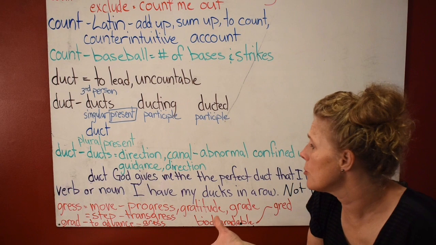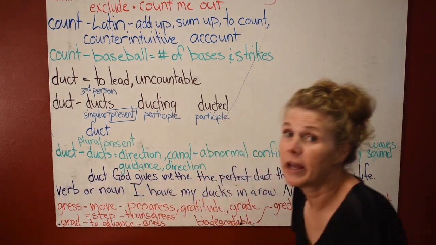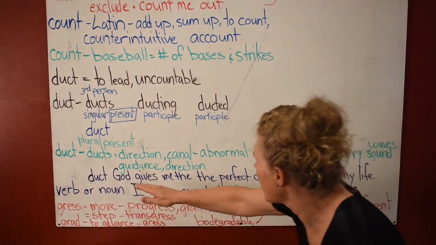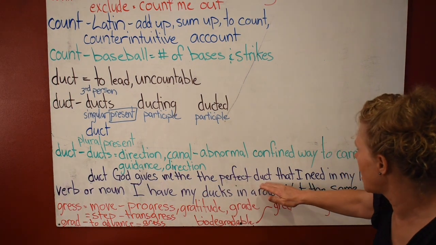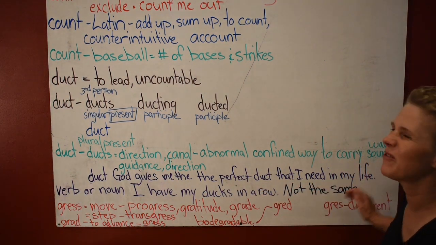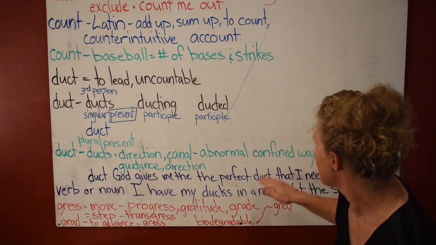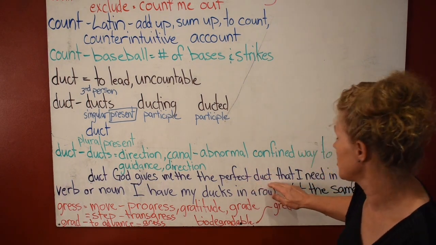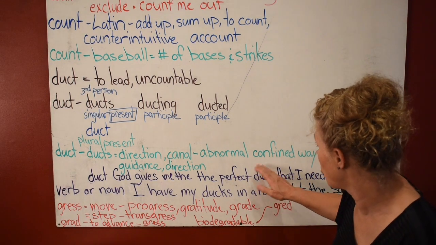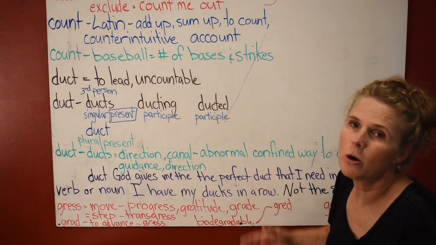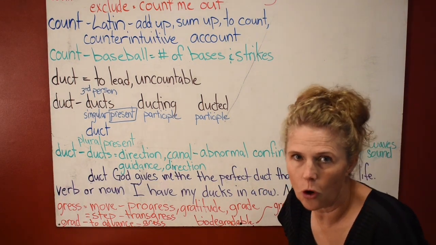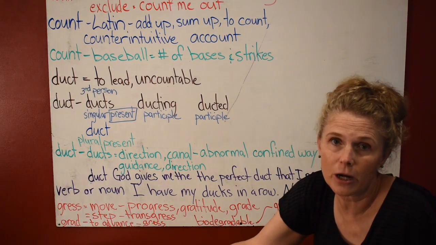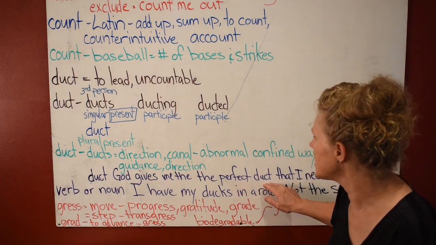So for an example that we have for duct, as a noun, we're going to say, God gives me the perfect duct that I need in my life. People don't really talk like that, but some people might, if you actually really understand what the word duct means. You mostly hear it in building homes, and maybe in other countries, but that's where we mostly hear it.